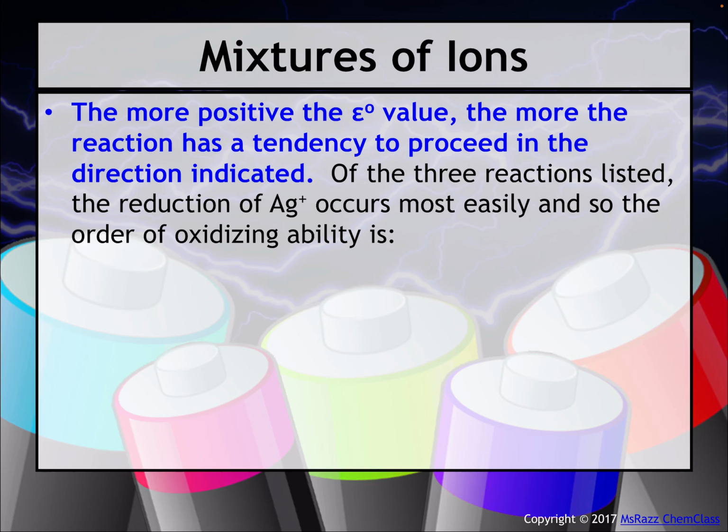The more positive the reduction potential, the more the reaction has a tendency to proceed in the direction indicated. The one with the most positive reduction potential is the easiest to reduce. So Ag will go first, then copper, and then zinc. It goes right in order from the most positive reduction potential to the least positive.